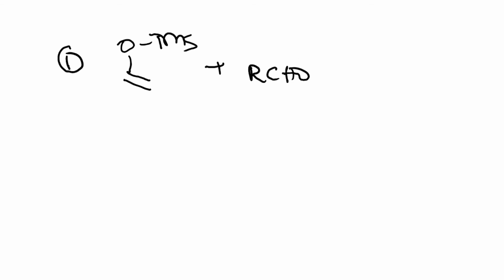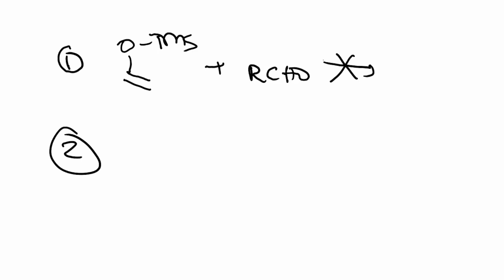Okay, so the first one is that if you just add the enol and aldehyde, there's no reaction. Okay, so without the Lewis acid, there is no reaction. The enol is extremely stable, and the carbonyl group here is not that reactive for it to react.